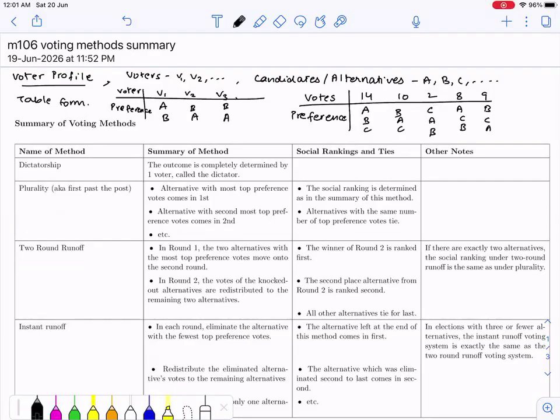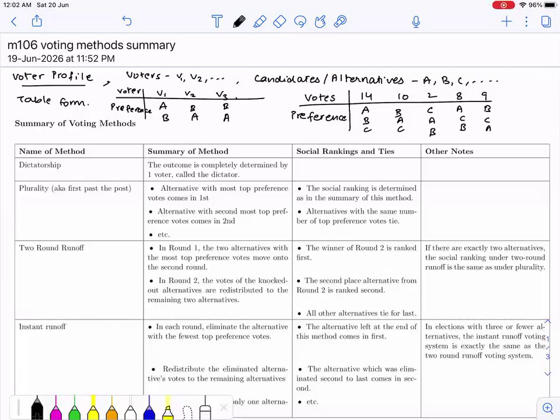So whatever this turns out to be. And their preferences are as follows. So 14 voters prefer A over B and B over C. 10 voters prefer B over A and A over C. 2 voters prefer C over A and A over B. 8 voters prefer A over C and C over B. And finally, 9 voters prefer B over C and C over A. This is what this means.